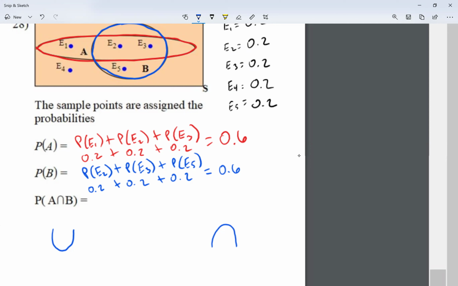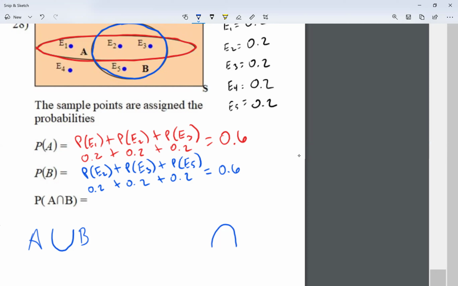So if I say A union B, I'm going to consider the points that are in A, in B, and the ones they share. So A union B, for example, I'll be looking at the points E1, E2, E3, and E5. So for union, it has to be in A or in B. As long as it's inside one of the two circles, that's enough.